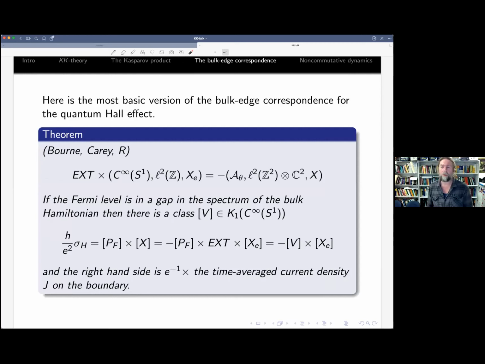And the reason was the following. If you want, you can have functions on the 2 torus or on the non-commutative torus, there is no difference there, which are such that their commutator with the canonical F is of the correct class, and these functions are not continuous, so they don't belong to the algebra.